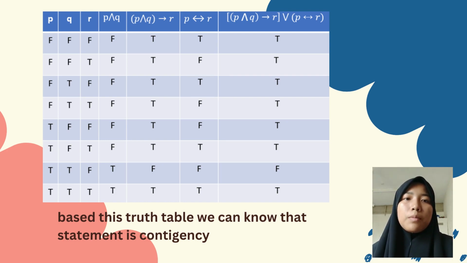For the last one, [(P and Q) implies R] or [P biconditional R], we must look at the statements we got earlier, and the result is true, true, true, true, true, true, false, true. So, based on this truth table, we know the statement is a contingency.